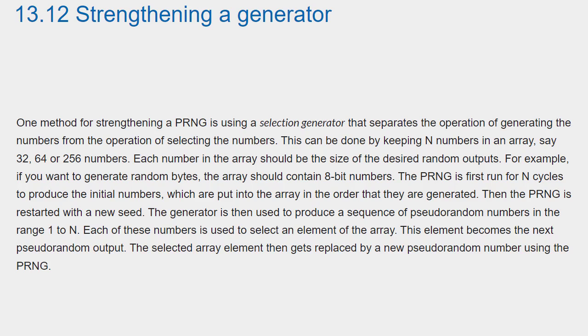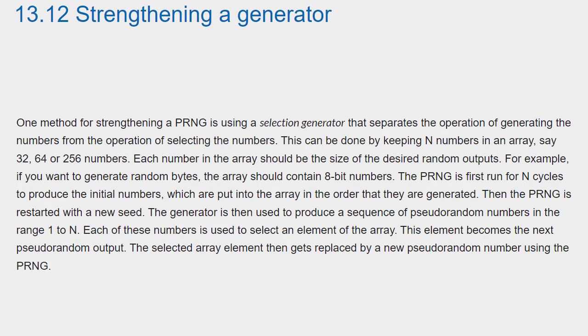The PRNG is first run for n cycles to produce the initial numbers, which are put into the array in the order that they are generated. Then the PRNG is restarted with a new seed. The generator is then used to produce a sequence of pseudo-random numbers in the range 1 to n. Each of these numbers is used to select an element of the array.